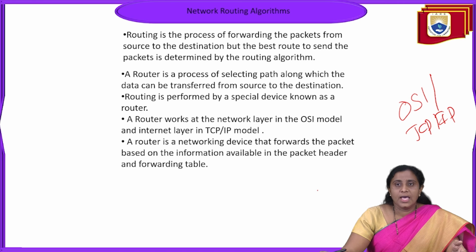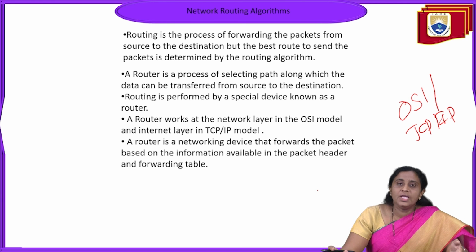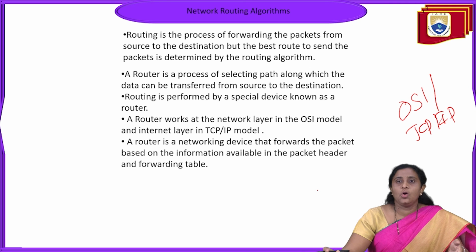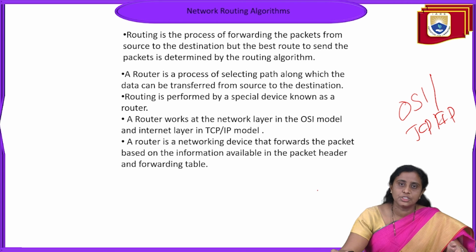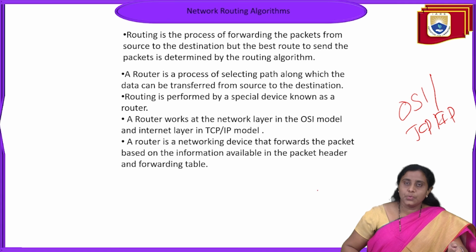transmission from one node to another node, and how packet transmission happens through different paths determined by routing protocols, and how the router works by means of two important models, the OSI reference model as well as the TCP/IP model, and what is meant by routers.